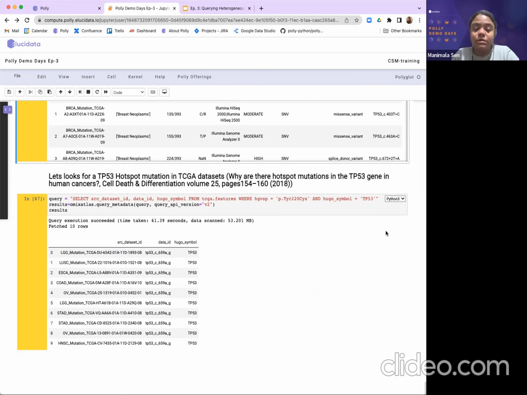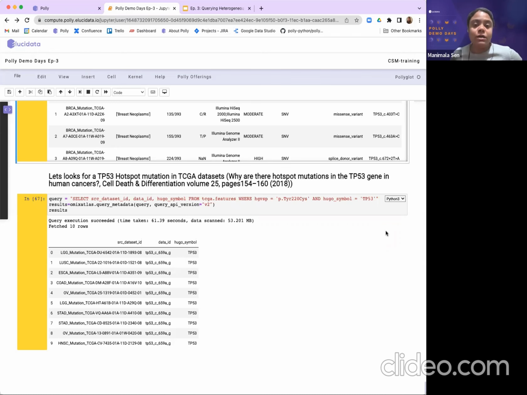Detailed documentation or a paper is there in Cell Death and Differentiation. So the idea was to look for one of those mutations, which is tyrosine at position 220 converted to cysteine in the protein, in the TCGA dataset across any dataset.